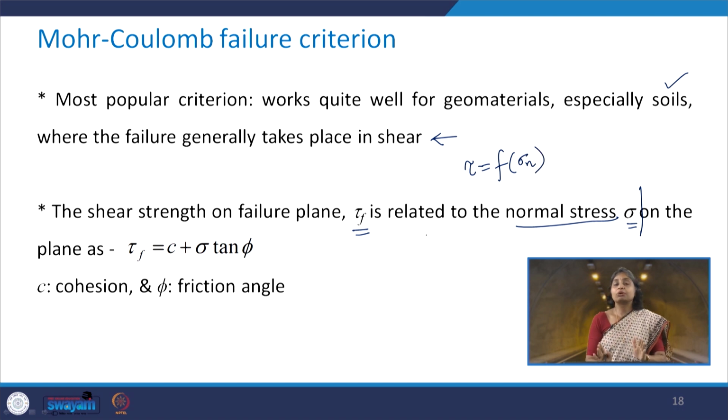So, what Mohr-Coulomb did was define this functional relationship as this expression, that is tau f equal to c plus sigma tan phi, where c is defined as the cohesion and phi is the friction angle. You must have used this n number of times during your studies of soil mechanics or foundation engineering.